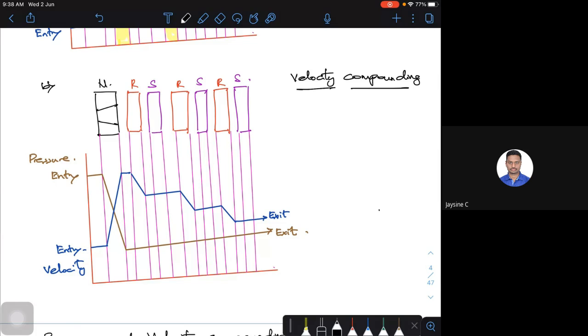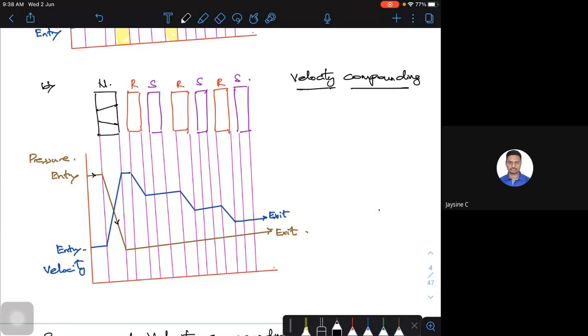The pressure is completely absorbed in the nozzle and almost remains constant through all the stages. The pressure remains same through all the stages.